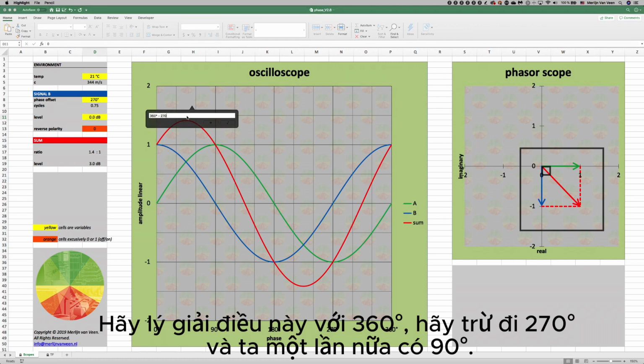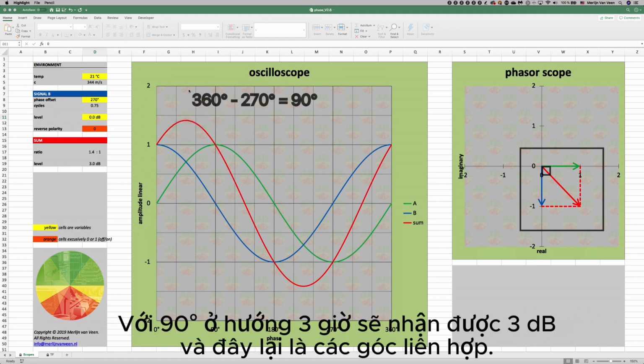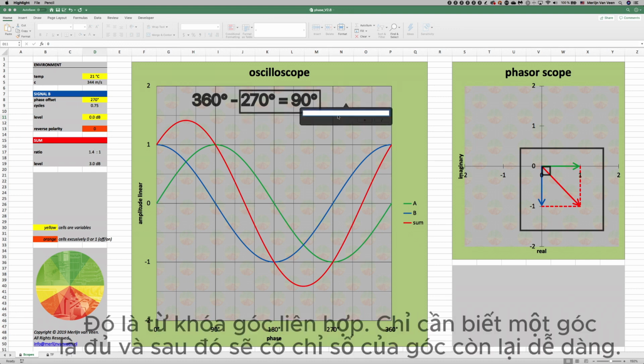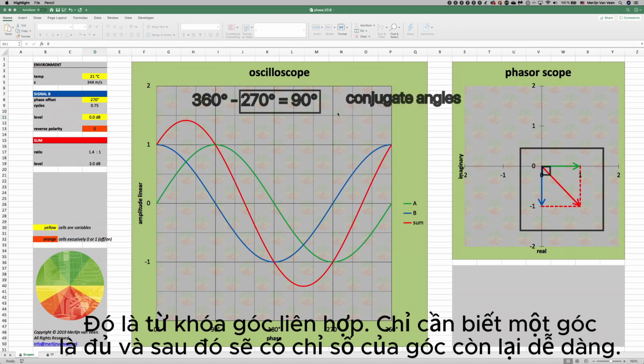Let's subtract 270 degrees, and if I'm not mistaken, this should leave us with 90 degrees once more. And I know what happens at 90 degrees, because 90 degrees was 3 o'clock. And at 3 o'clock, you are going to get 3 decibels. And these are, again, conjugate angles. That is the key word, conjugate angles. It suffices to only know one, and then you get the other for free.